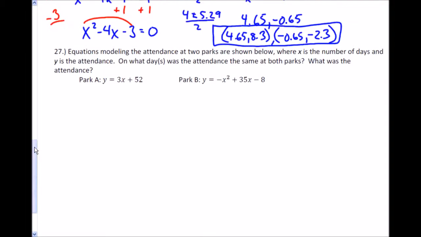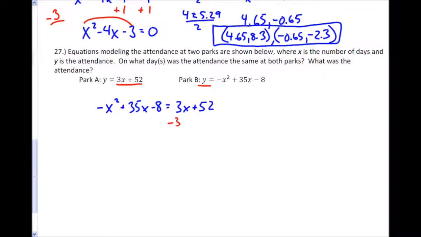For this next one, if I look at this guy, we want to know when these are going to be the same. So again, this is a system of equations. I'm going to solve it by substitution because I already have y equals this, so I can plug that in for y. So I'll end up with a negative x squared plus 35x minus 8 equals a 3x plus 52.